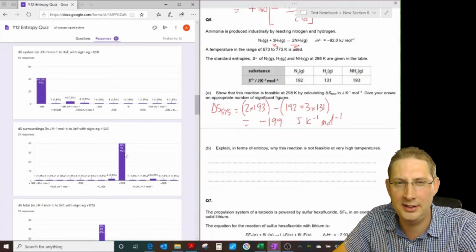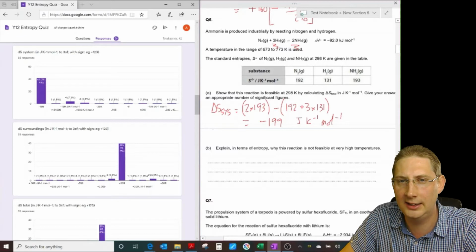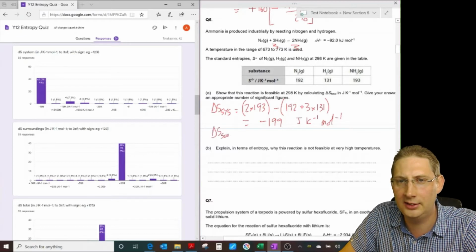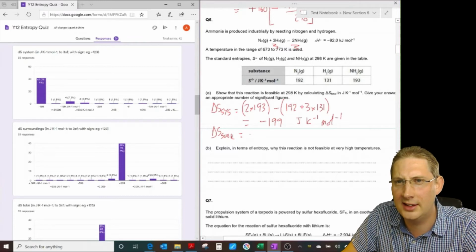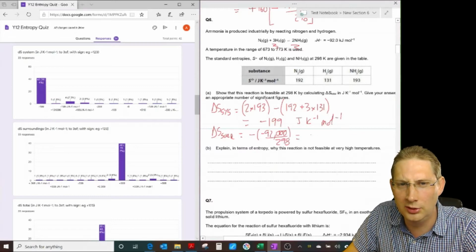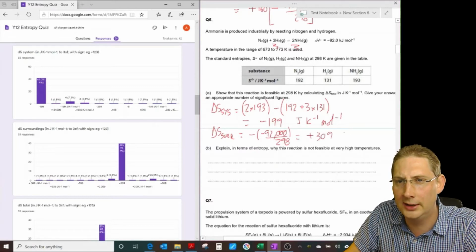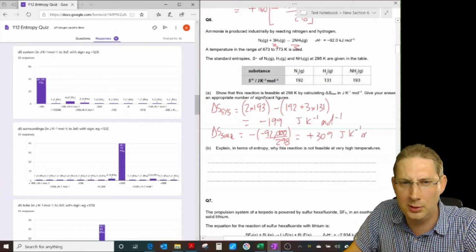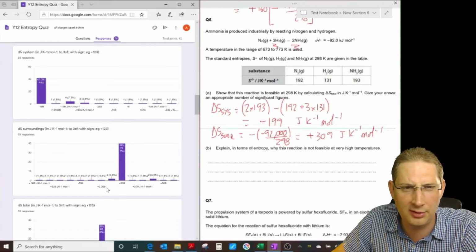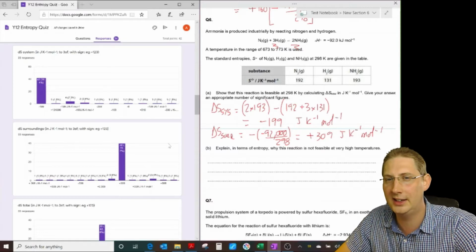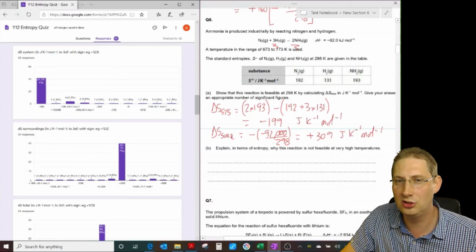dSsurroundings, again, only 72% of you getting that right. Delta S surroundings is minus delta H over T, so that is minus 92,000 over 298, which equals plus 309 joules per Kelvin per mole. There you go, 0.309 there, so someone at least forgetting to convert that into joules.